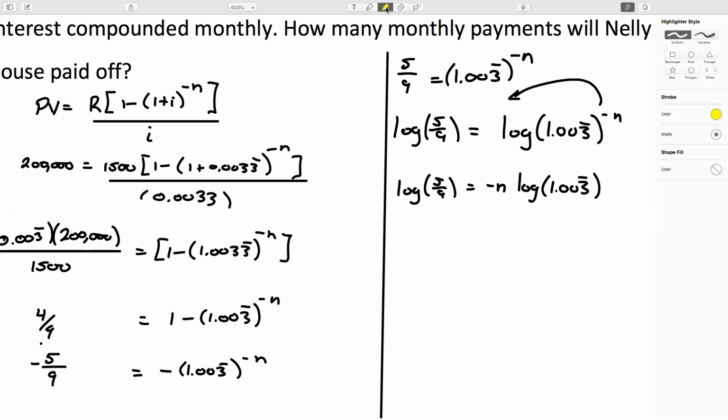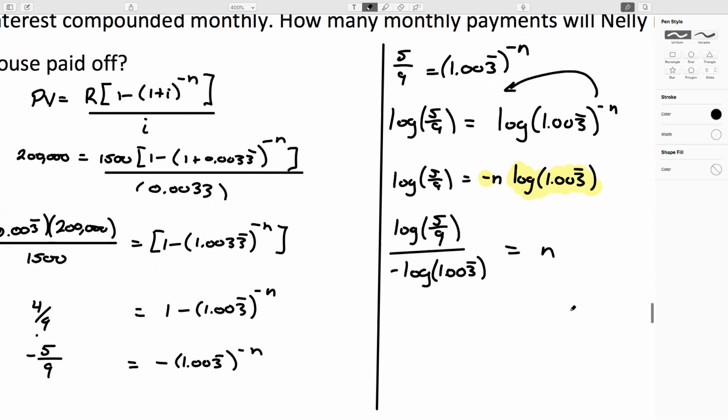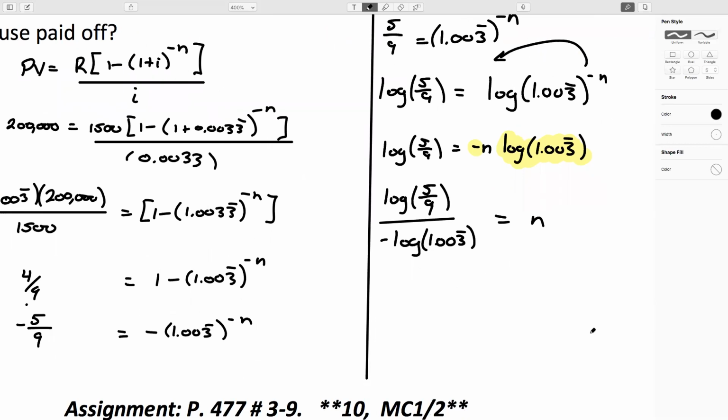And now, lastly, I can divide by log of 1.0033 and the negative 1 to isolate N. So log of 5/9 divided by negative log of 1.0033 repeating equals N. We can plug this into a calculator and we will get 176.6. So it's approximately 177 payments.